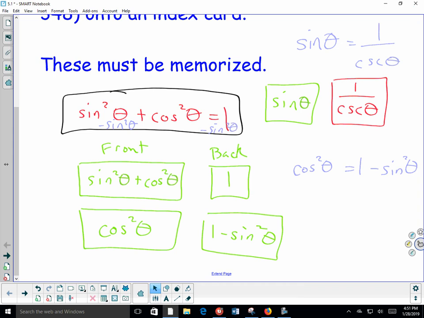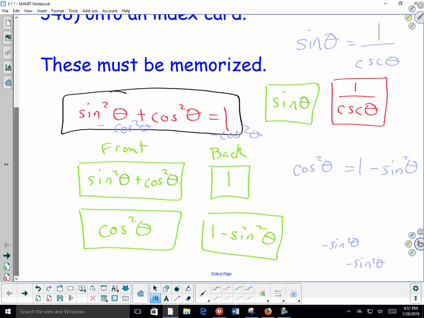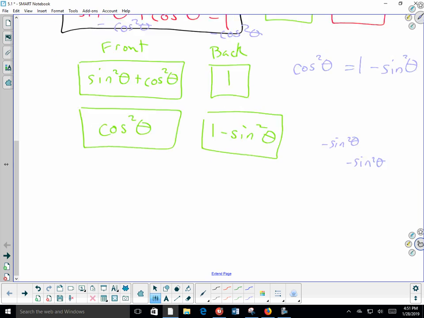Likewise, if you subtract cosine squared from both sides, you will have the identity that sine squared equals 1 minus cosine squared. So you'll have sine squared on the front and 1 minus cosine squared on the back.